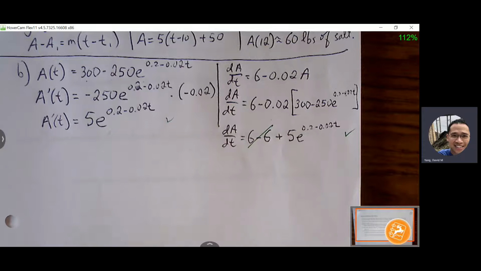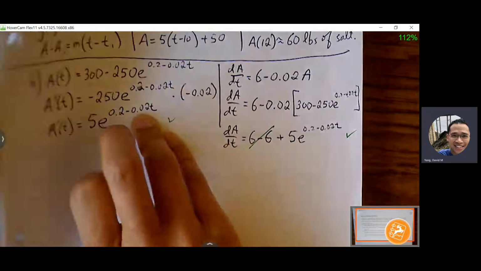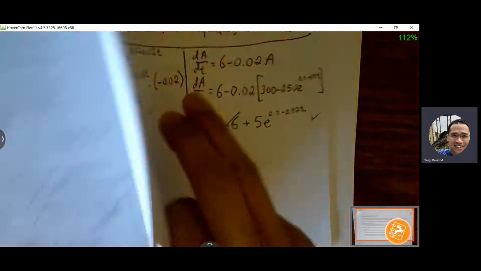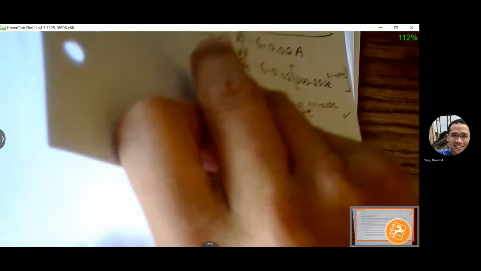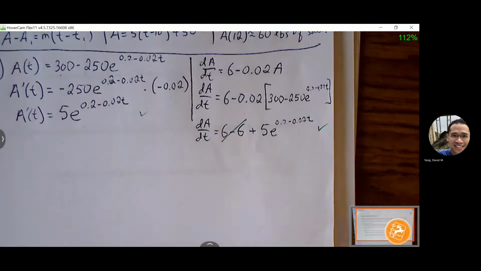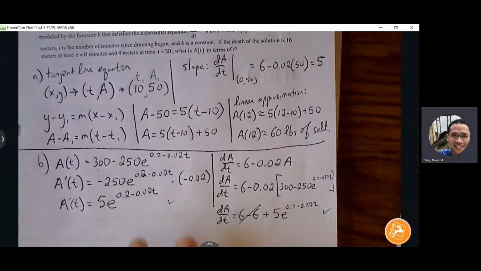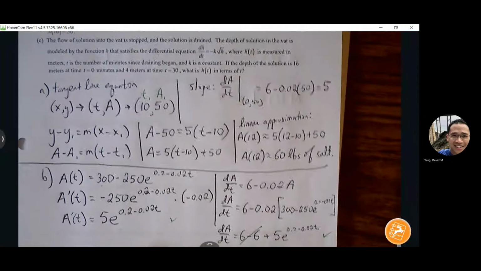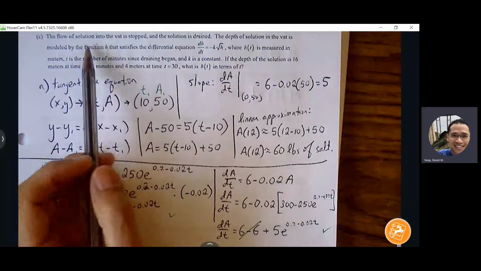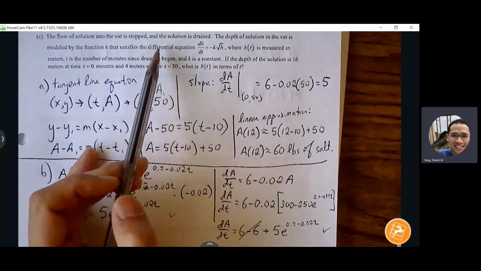Okay, so now part C is where we're moving into our solving differential equations portion. Okay, so let's look at part C. Part C says the flow of solution into the vat is stopped and the solution is drained.